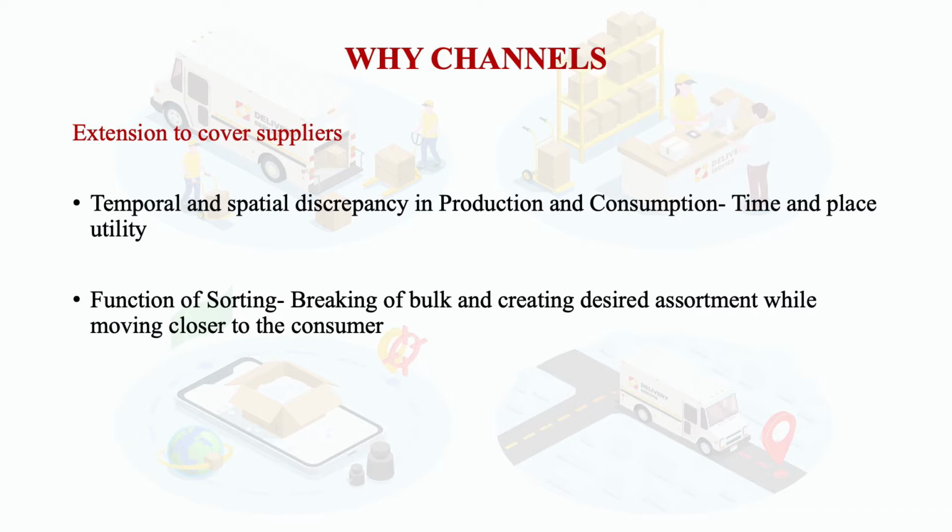The function of the wholesalers and retailers, if you see it from the macroeconomic point of view, is to take supplies from various kinds of manufacturers and break this bulk into smaller assortments so that it can be transported to various retailers. They also, at given points in time, create desired assortments by bringing together items from the different manufacturers into a desired assortment for the consumer.